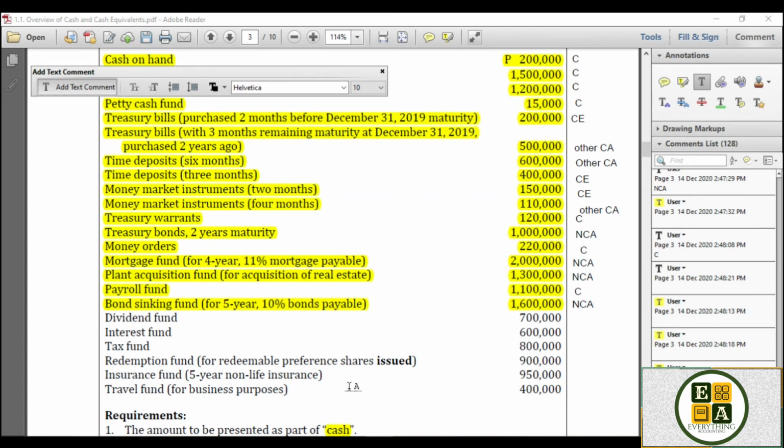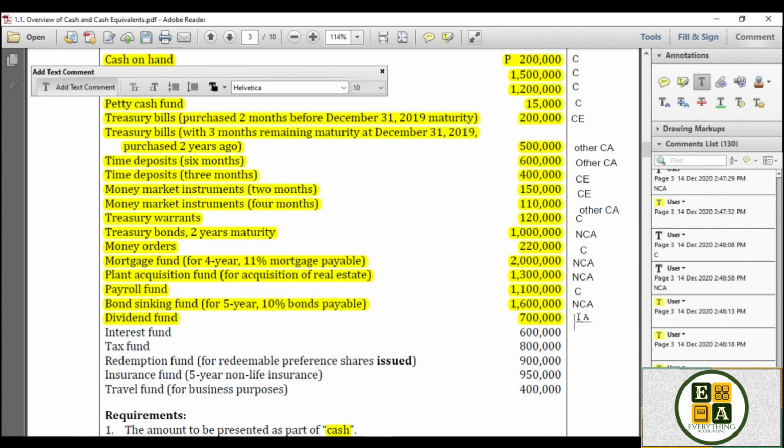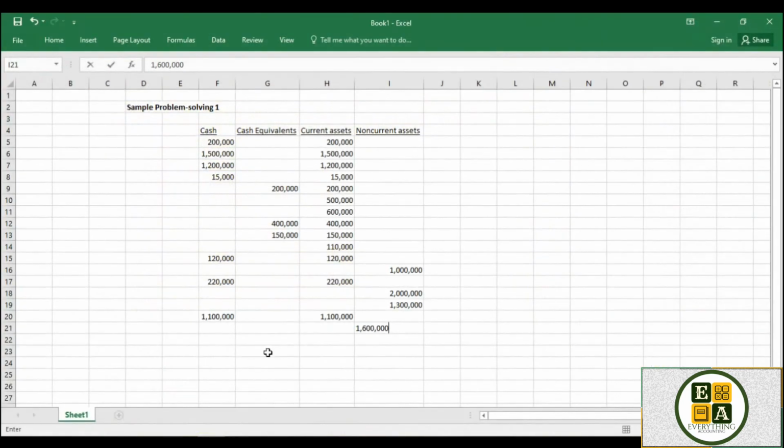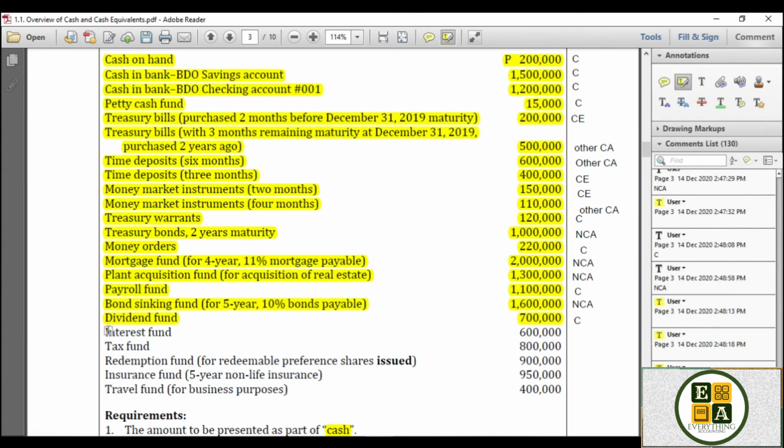Then, we have dividend fund. Dividend fund, 700, automatic, part of cash. So, we have 700. Papasok as cash, papasok din current asset. Then, we have interest fund. Okay?